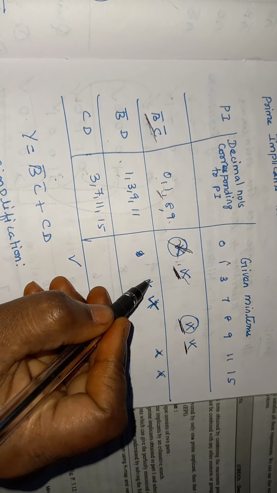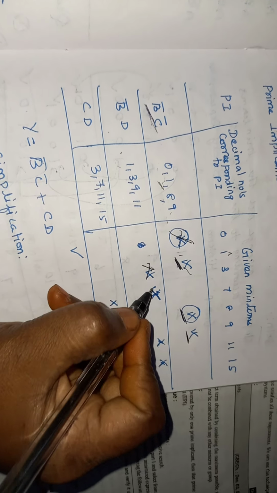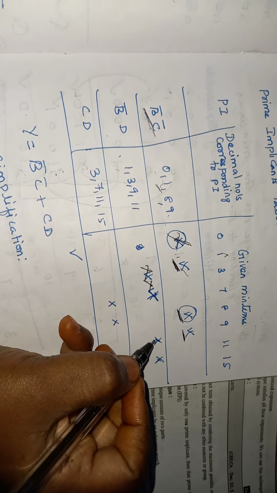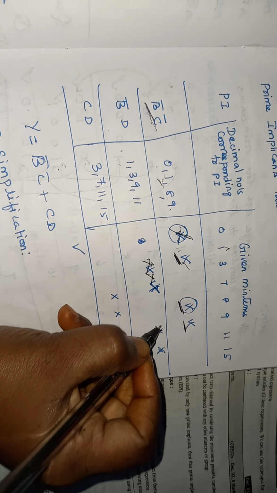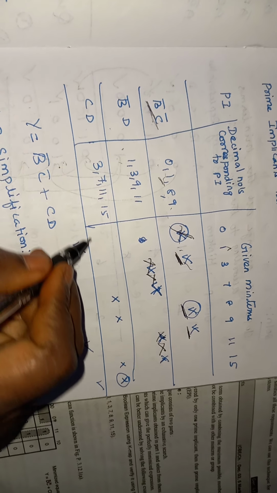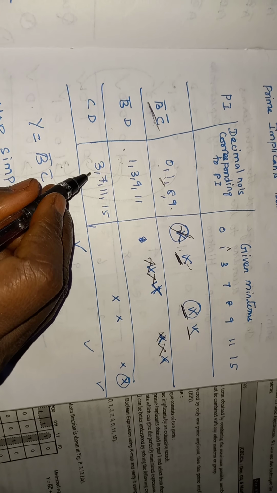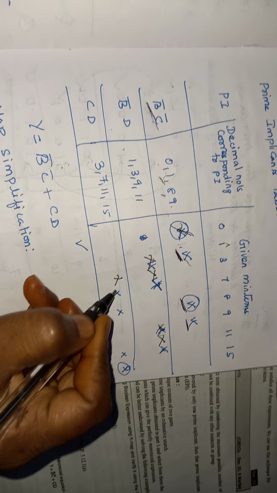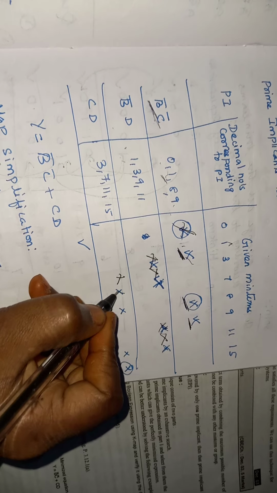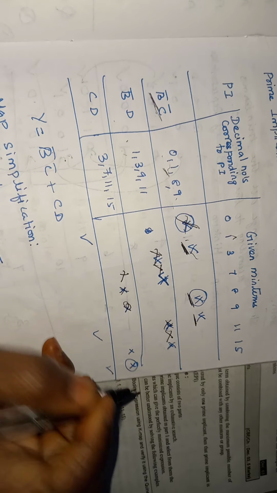In the same way, here 1 is there and 3 is also there, and then 9 is there, 11 is there. In the same way you have to make a cross for 3. So 3 is there, 7 is also there, 11 and 15 is there.